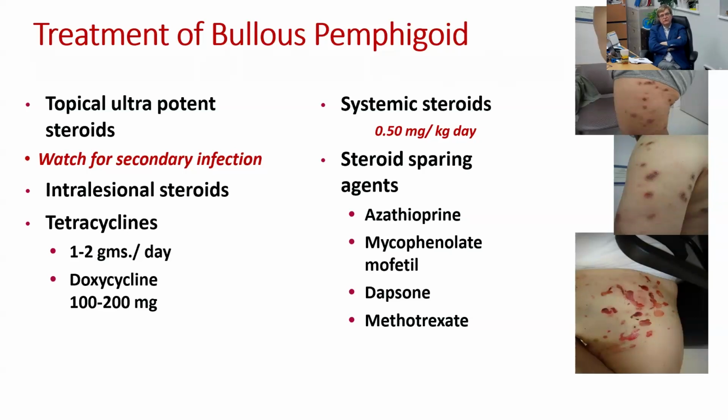So if somebody weighs 60 kilograms, you'd use 30 milligrams. And then if that fails, we use steroid-sparing agents: azathioprine, mycophenolate mofetil, dapsone, which is more of an anti-inflammatory, and methotrexate. The other 3 are immunosuppressive types of drugs.